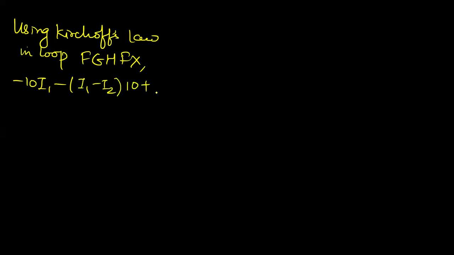Please look at the diagram. I'm looking at the diagram, and alongside I have my textbook with me. So look at the diagram and apply Kirchhoff law: (I minus I1) into 10 plus (I minus I1) into 10 will be equal to 0.